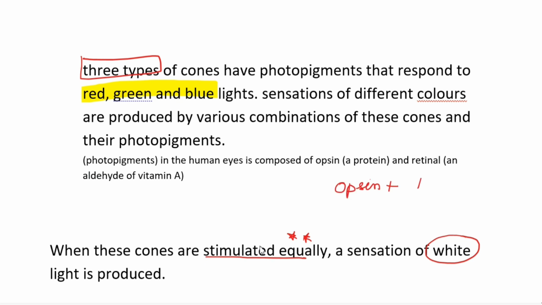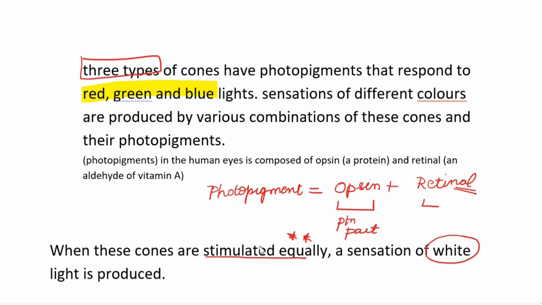The photopigments in the human eye, whether for rods or cones, are composed of a protein called opsin and an aldehyde of vitamin A known as retinal. That's why we say carrots, which are a rich source of vitamin A, are good for your eyes.